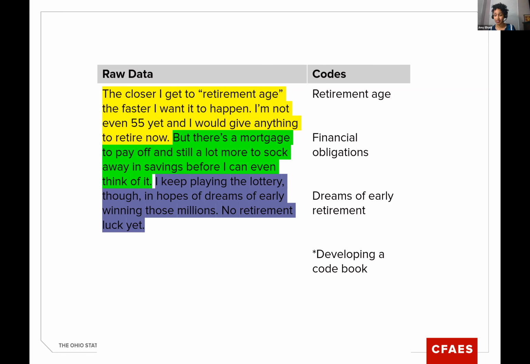I see Debbie giving an example of the first sentence, closer I get to retirement age, the faster I want it to happen. Yes, she said you can code this in dreams of early retirement as well. And you can see at this point, you're making coding into two places, and that's absolutely fine. You can do that.